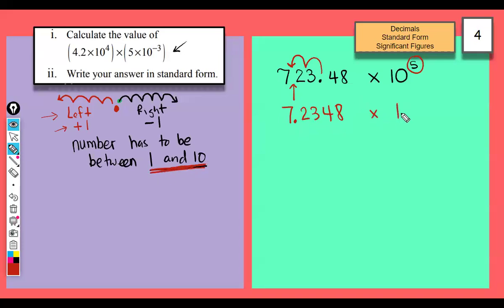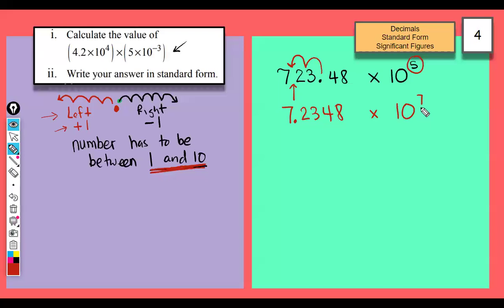But what are we going to do with this 5? Remember, when you move to the left, the number over the 10 increases by 1. So it was already 5, and we move it how much? 1, 2. So the 5 would increase by how much? 2. So that means it would be 7 now.